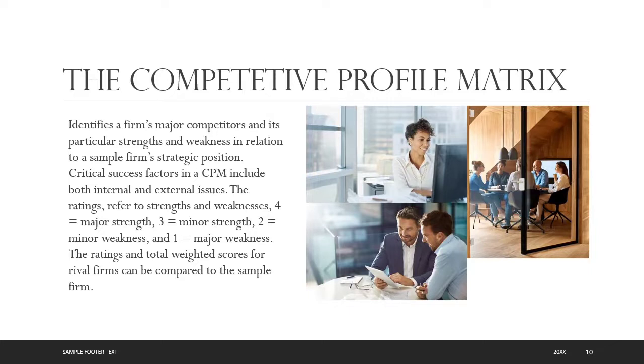However, critical success factors in a CPM include both internal and external issues. Therefore, the ratings refer to strengths and weaknesses, where 4 is a major strength, 3 is a minor strength, 2 is a minor weakness, and 1 is a major weakness.